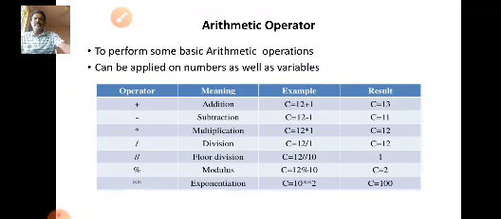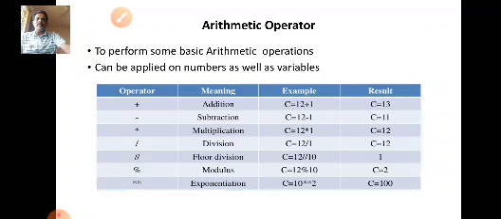You observe in this example, C is equal to 12 plus 1. Here plus is an arithmetic operator. 12 minus 1, then the minus operator means subtraction operator, star is a multiplication operator, and the divide operator, 12 by 1, the output is 12.